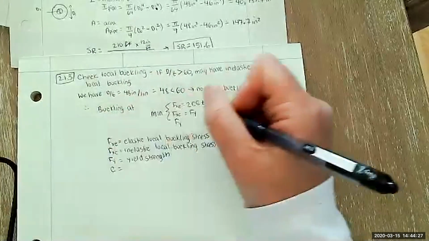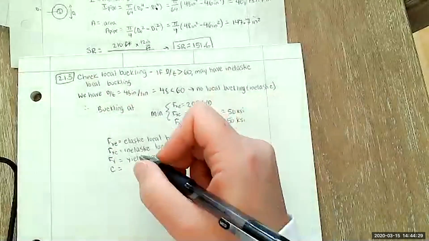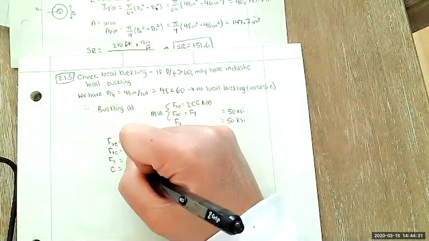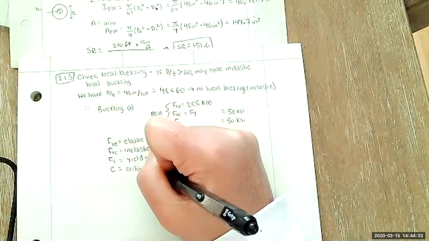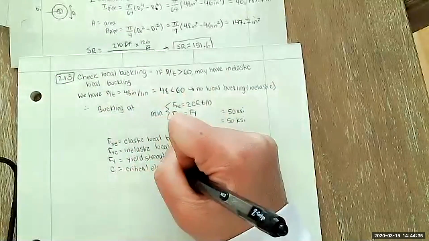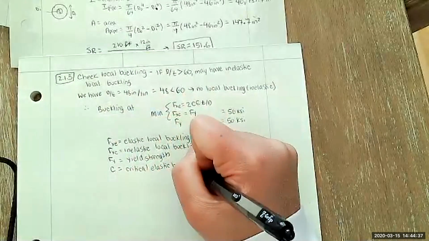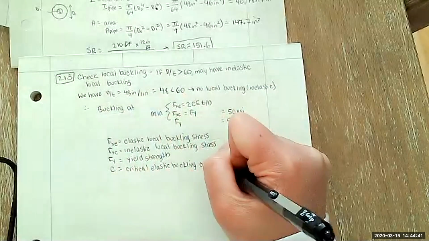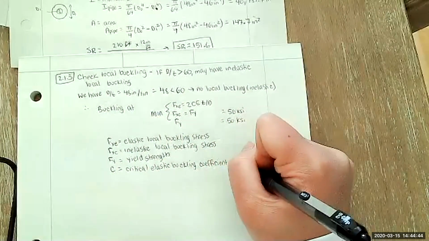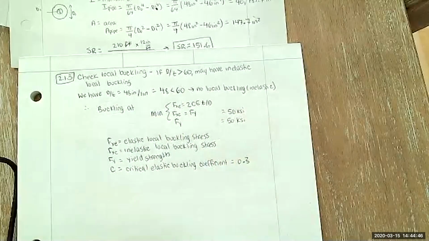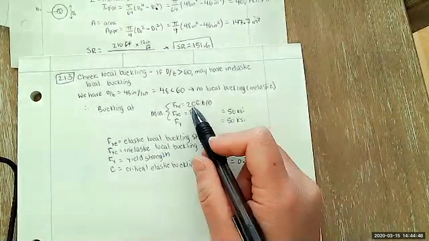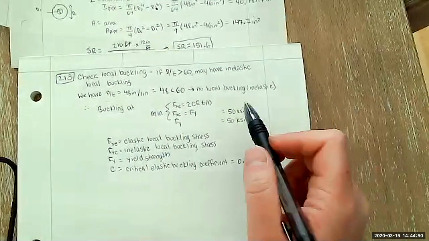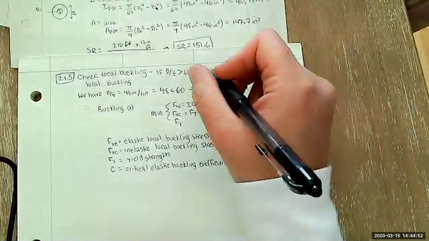And then we have this C value here, which is our critical elastic buckling coefficient, which is equal to 0.3. Similarly, E is the elastic modulus, T is the thickness, and D is the diameter, just like before.